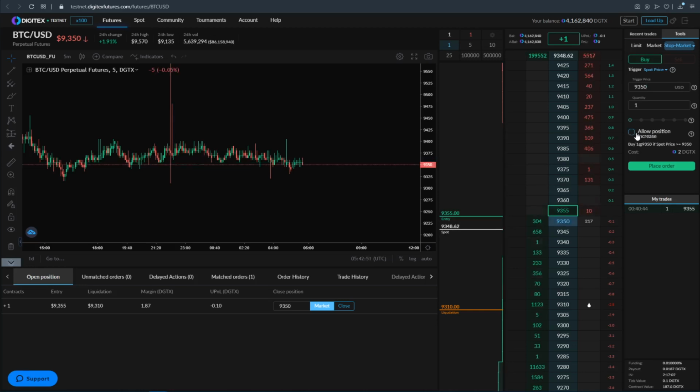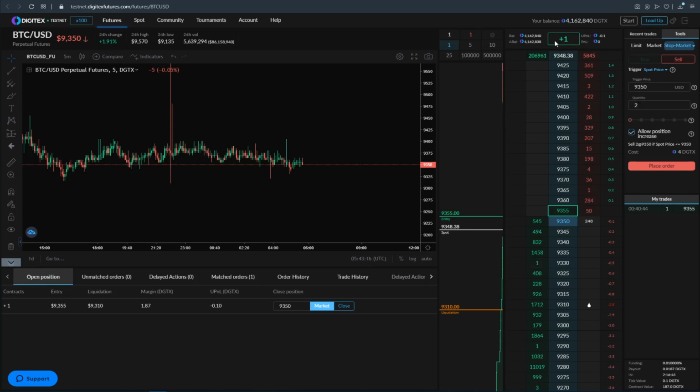And also the other reason that you would probably need to select this is if you're wanting to flip direction. So let's say at 93.50 I was wanting to flip from long one contract to short one contract. I could change this to 2 and then check that, and it would, sorry, I need to be on sell here. So on sell, I would sell 2 contracts at 93.50.